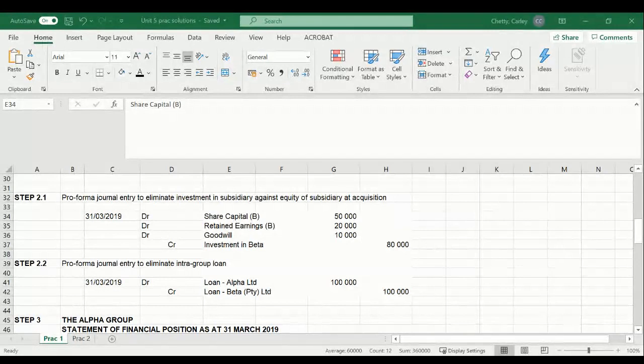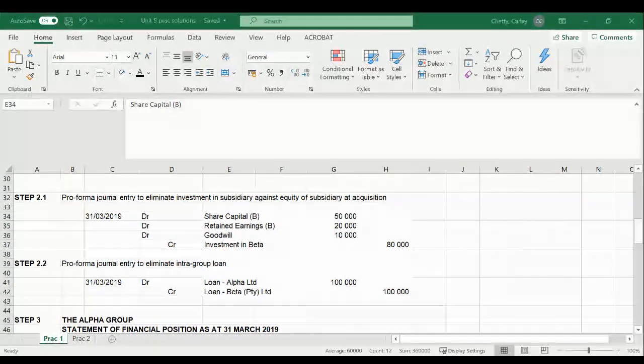Okay, so then we have another question. Why are we supposed to eliminate? Okay, so the reason we eliminate is that our aim here is to prepare the consolidated financial statements. So we have separate financial statements and then we have consolidated financial statements.